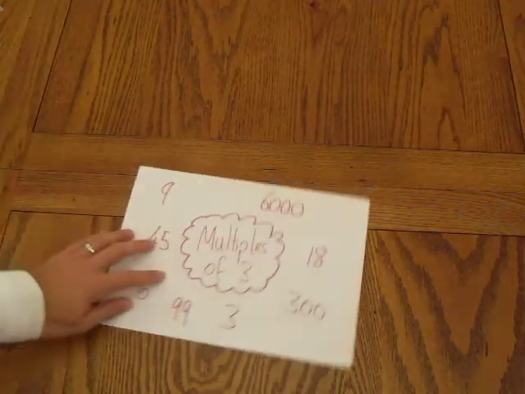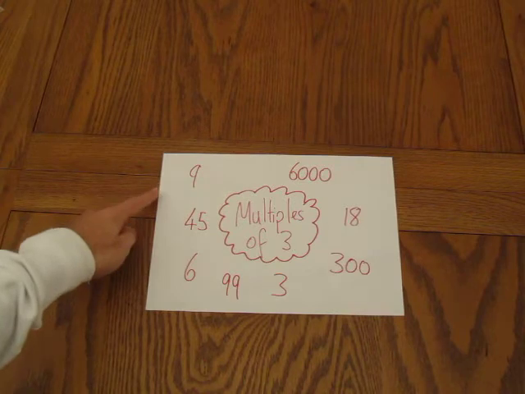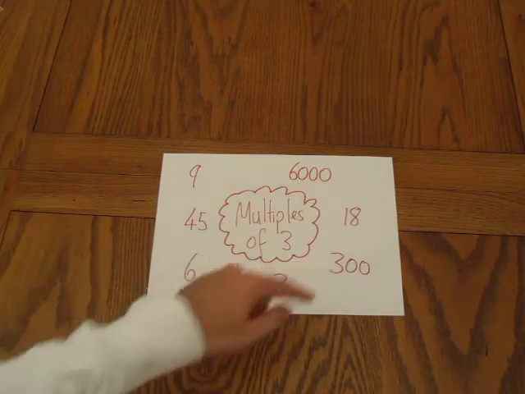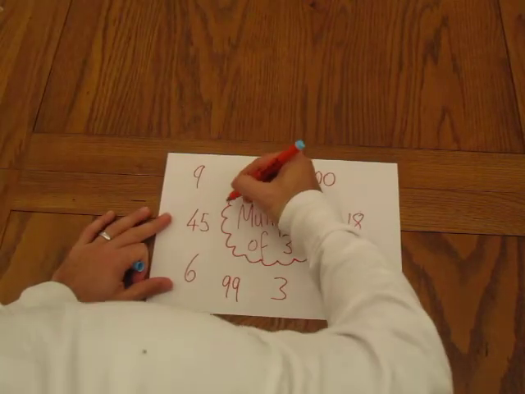On this sheet I've got some numbers that are all multiples of 3. 9, 45, 6, 99, 3, 318, 6,000. They're all in the 3 times table, they're all multiples of 3. I wonder if you can think of some numbers that are not multiples of 3.